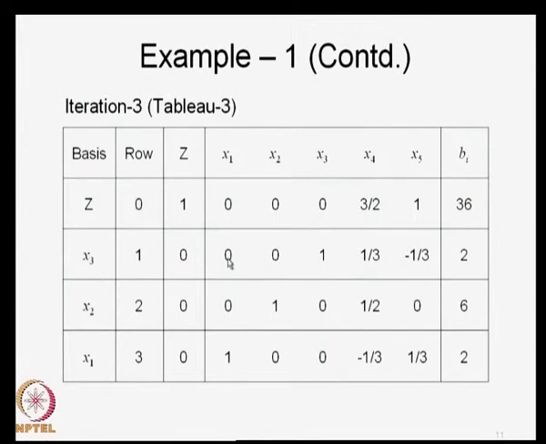So, x3 has a coefficient of 0 under x1 and a coefficient of 0 under x2. Similarly, x2 will have a coefficient of 1 under x2 and 0 under x1 and x3. x1 will have a coefficient of 1 under x1 and 0 here. So, the basic variables among themselves will constitute a unit matrix: 0 0 1, 0 1 0, 1 0 0, like this.